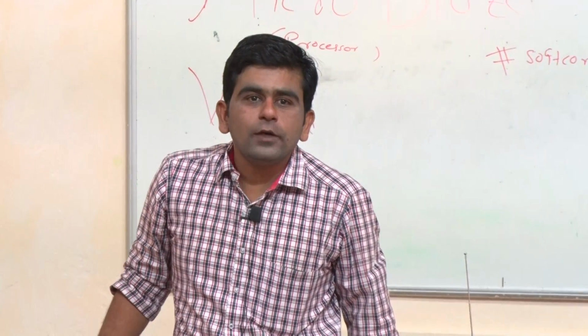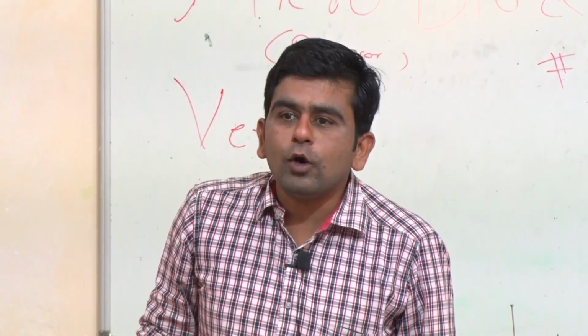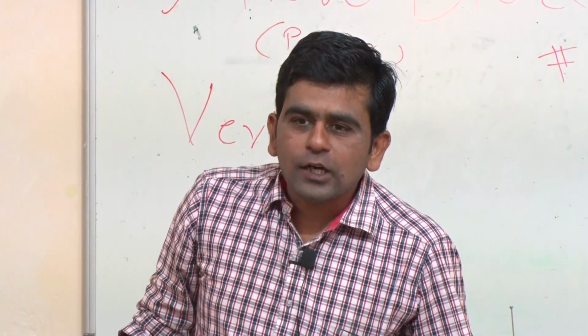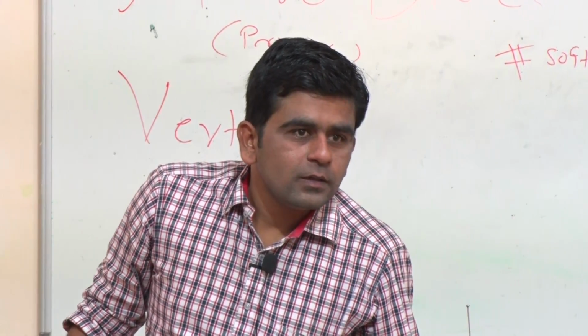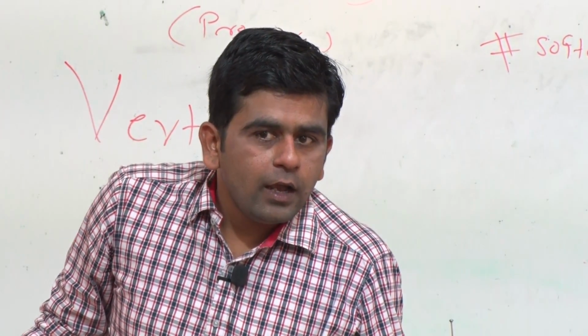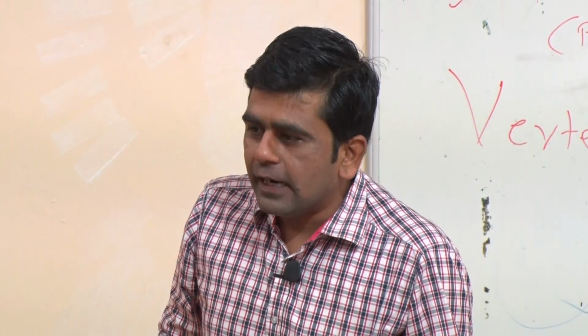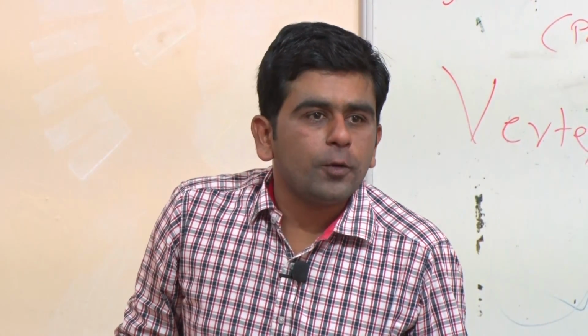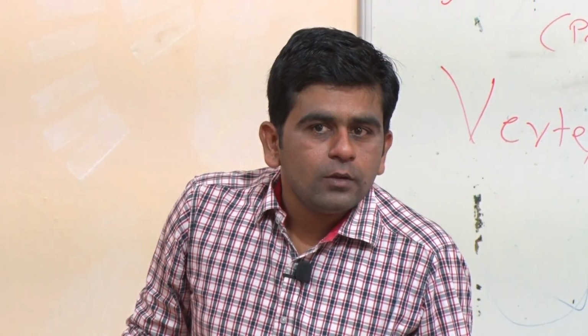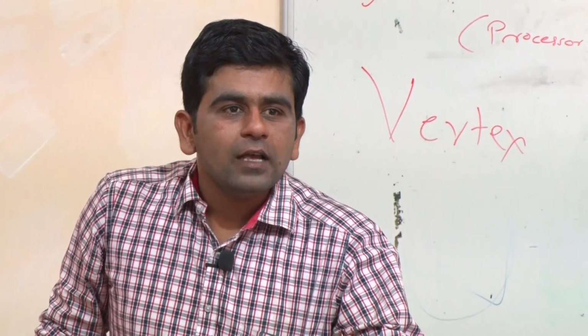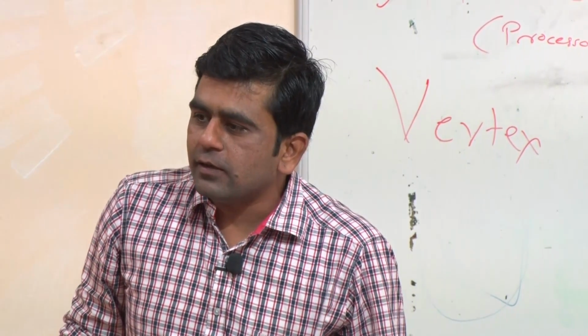When j is not equal to k, we have to consider the three coordinate system x, y, z. We have to find out the dot product: mod of x into mod of y into cos of theta. This is the definition of your dot product. This product becomes 0 when x and y are perpendicular to each other.